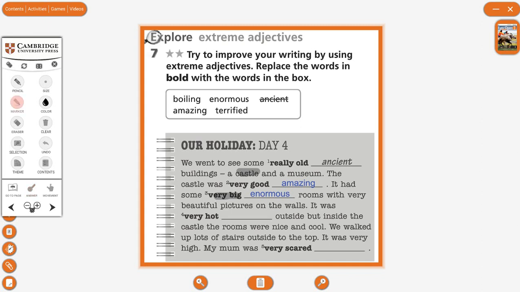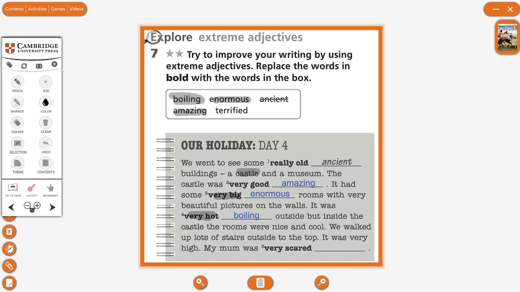What we can say instead of very hot? Very hot? Yes, that's true. Boiling. We can say boiling instead of very hot. It was boiling outside, but inside the castle the rooms were nice and cool.